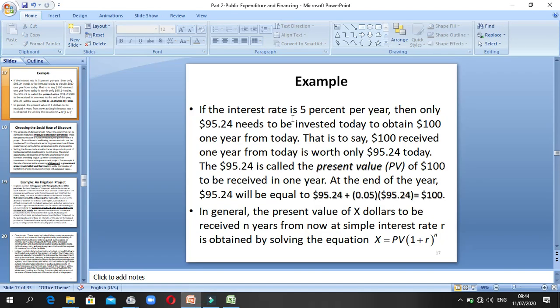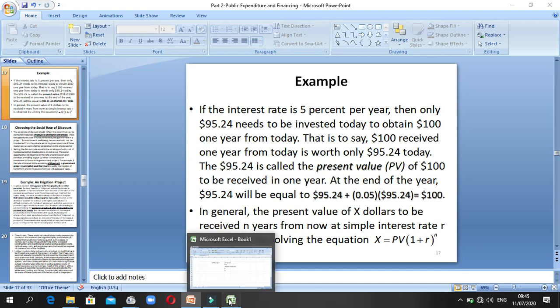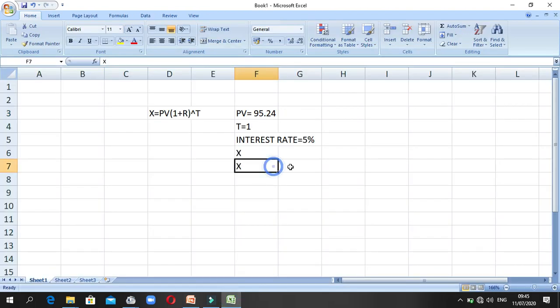So we have an interest rate of 5%, and the investment today is to obtain 100. We want to look at how this 100 comes about. So what I'm doing here is showing you where that 100 comes from. Even if they ask about an investment over 3 years, you can get it.